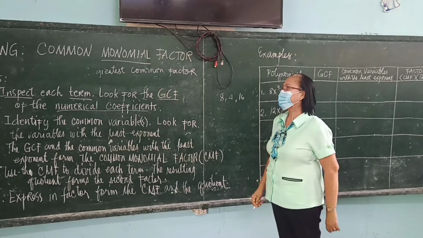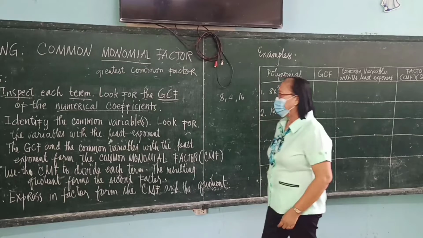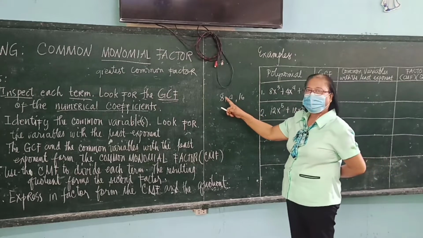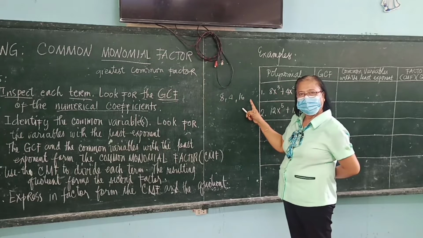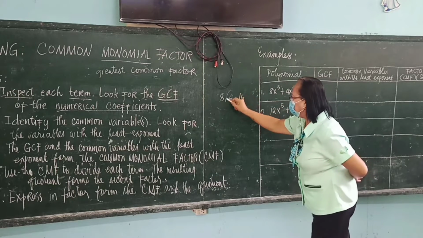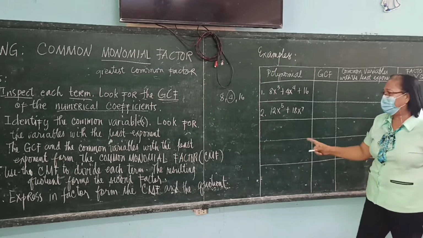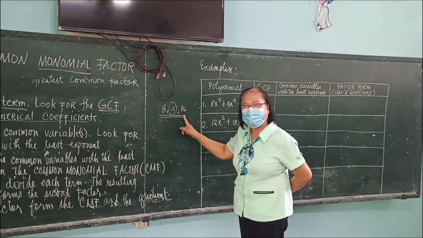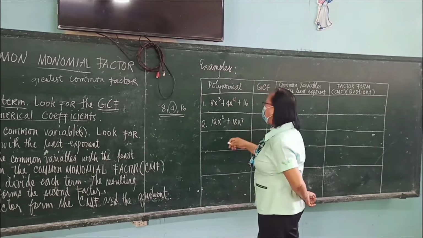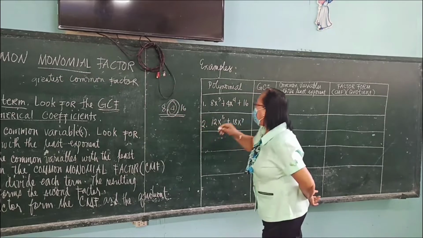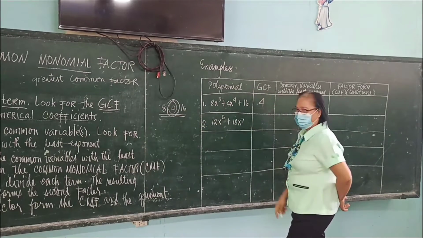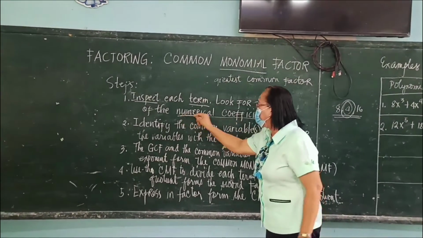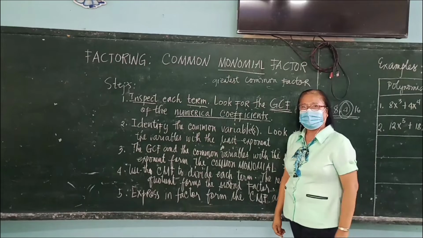What is the greatest common factor between 8, 4, and 16? It should be 4. So 4 is considered now as our GCF. We know already the GCF of our numerical coefficients.